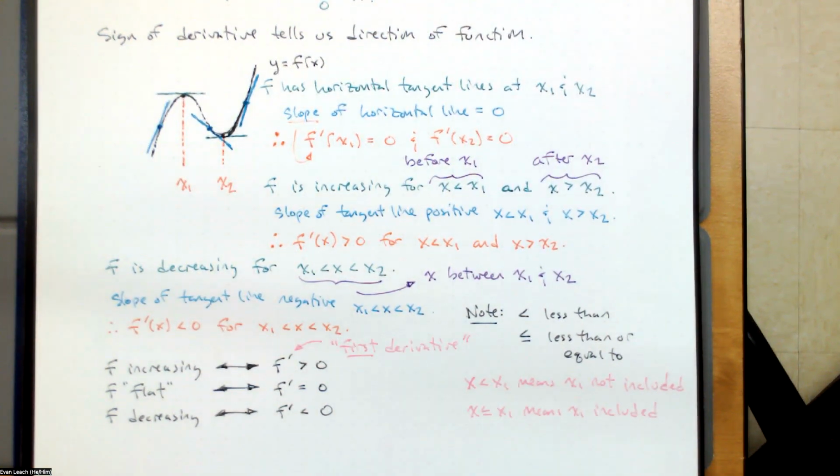So we're going to start referring to f prime as the first derivative. If the first derivative is positive, the function is increasing. If it is zero, the function is flat. If it is negative, the function is decreasing.